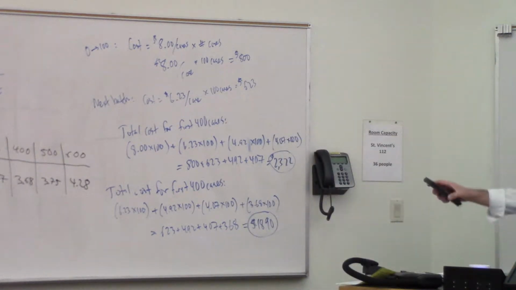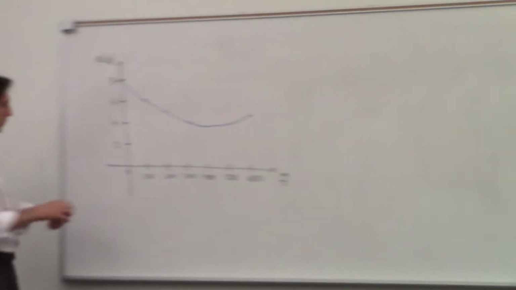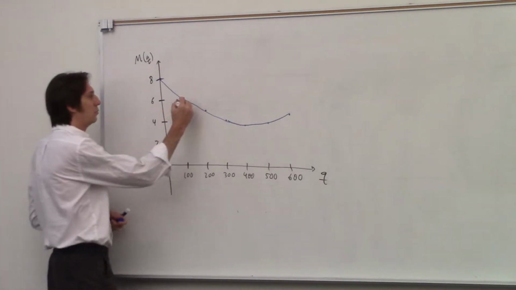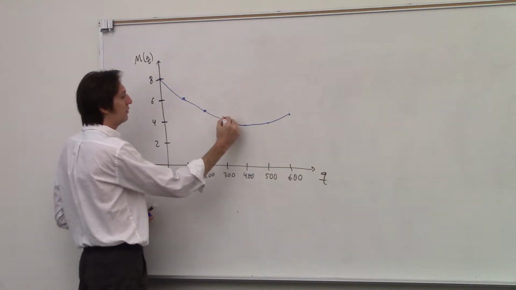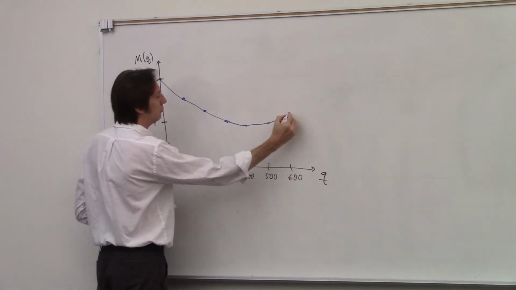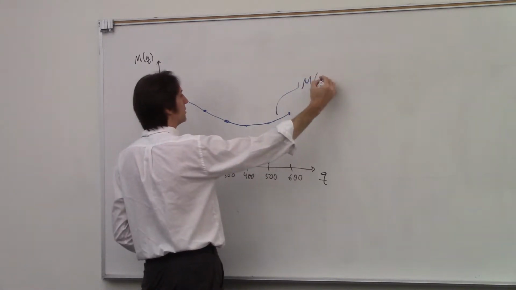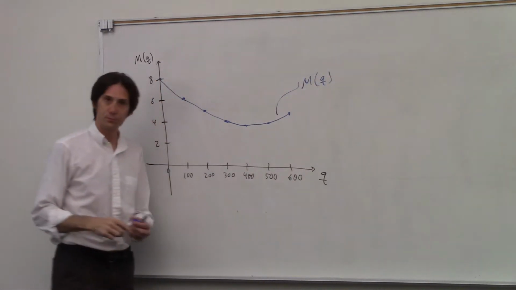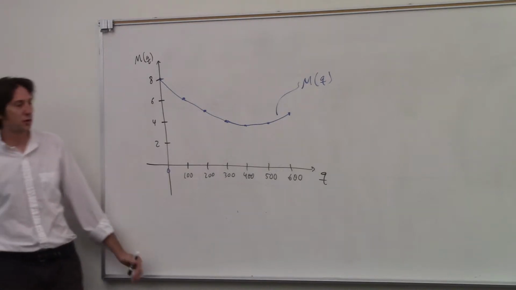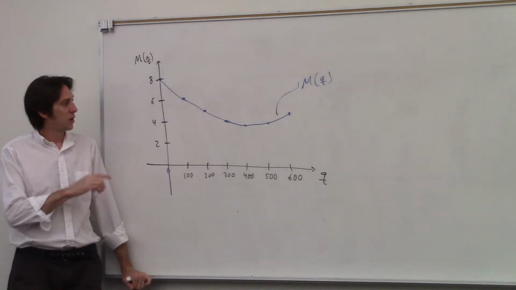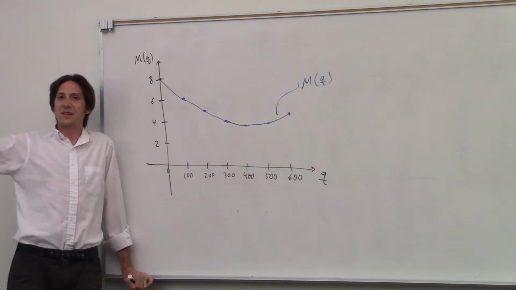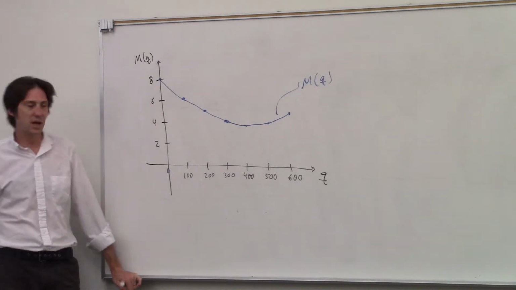We can think about both of those calculations graphically. So here, the blue curve that I've sketched is a marginal cost curve, an example of a marginal cost curve that could have given me that data from the previous table.